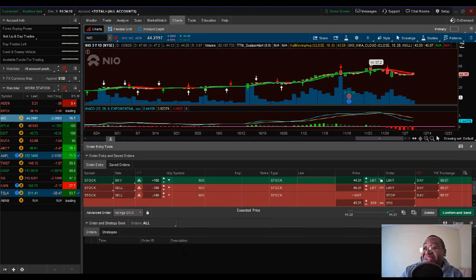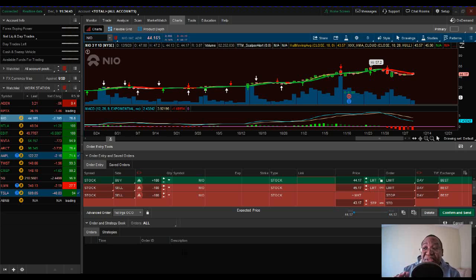Why am I doing it with the OCO bracket? Easy. Because if it reaches the target that I want and I'm not available to see it, I want it to sell. Also, if NEO does not do what I'm believing it's going to do, if I'm wrong in my decision making, I need insurance that I'm not going to blow out my account, that it will stop at a certain level and jump out.